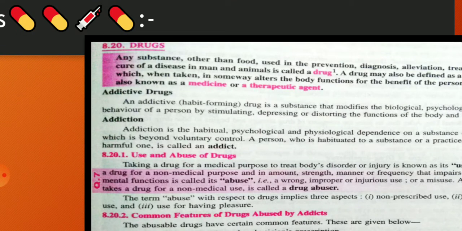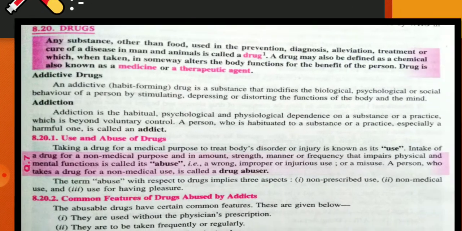Whenever something affects our body and changes its normal functioning, and we are infected by any disease, small or large, like viral or bacterial infections, we take some medicines and therapeutic agents. We normally call these drugs.